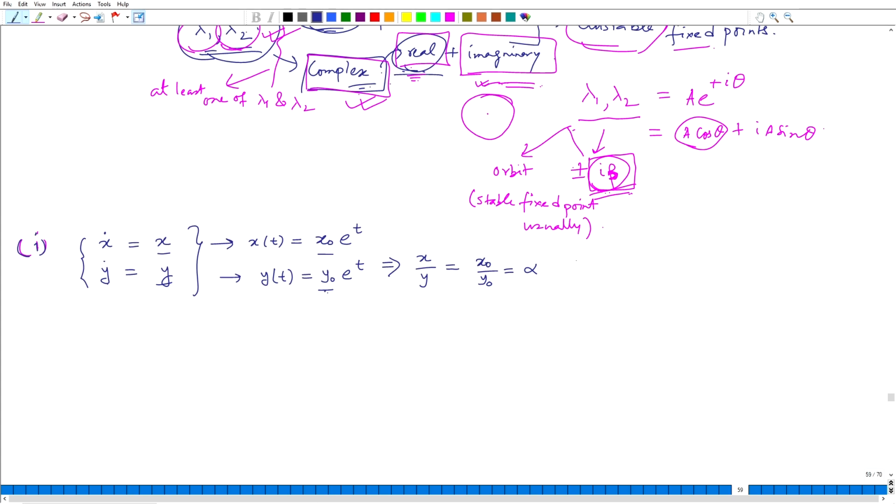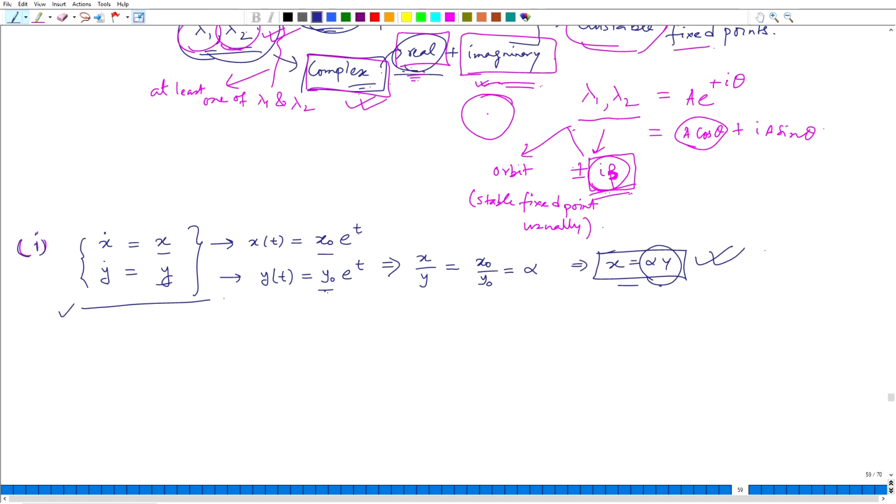And so, I have x is equal to alpha y, okay. So, this is the equation of a straight line in the phase space. This type of equation is represented by straight lines passing through the origin in the xy plane, which is the phase space for this system, okay.